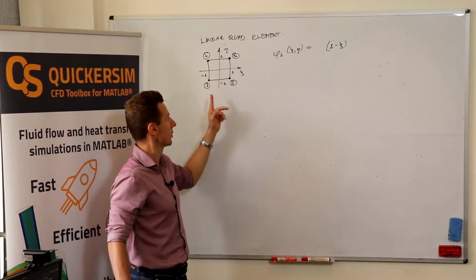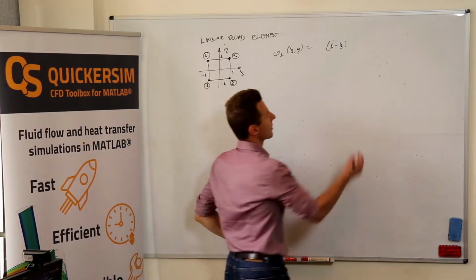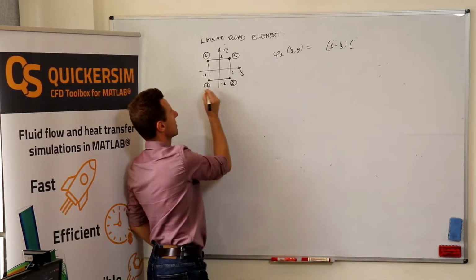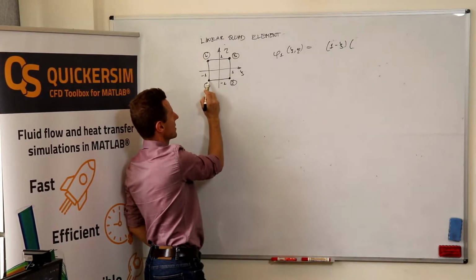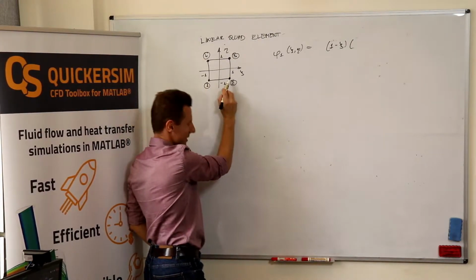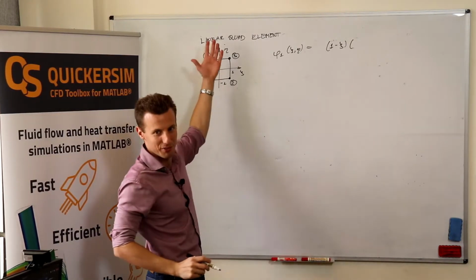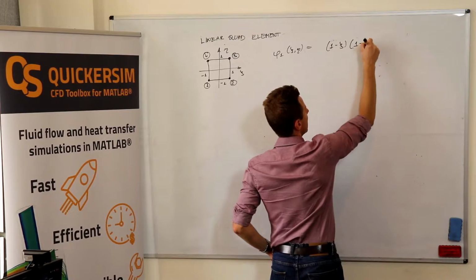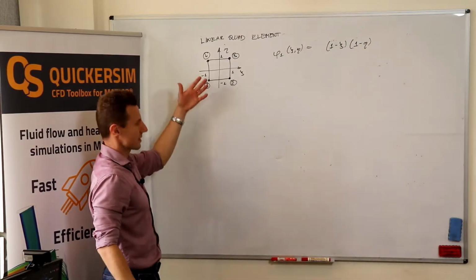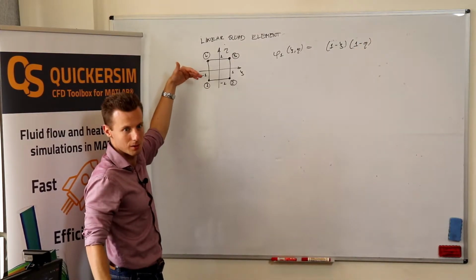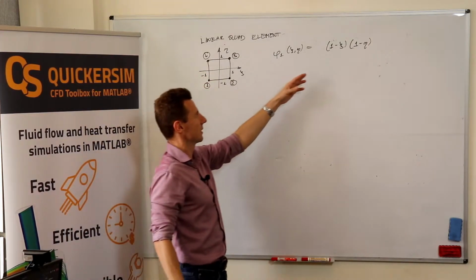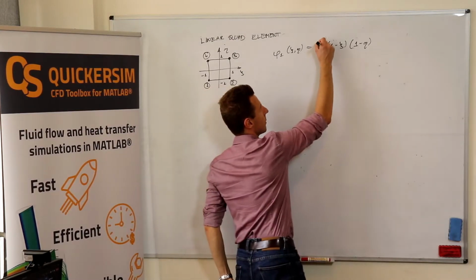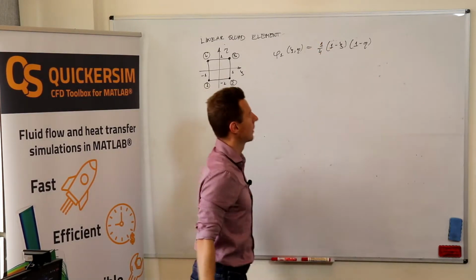It's already pretty good. Let's do the same. 1 minus psi obviously gives something that is non-zero here, and 0 here. And let's do it in the other direction. 1 minus eta repeats the same process in the other direction. Well, but the bad news is that it's 2, 2, so we need to divide it by 4.